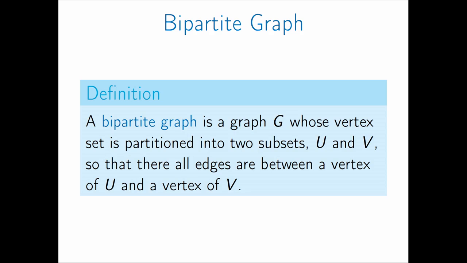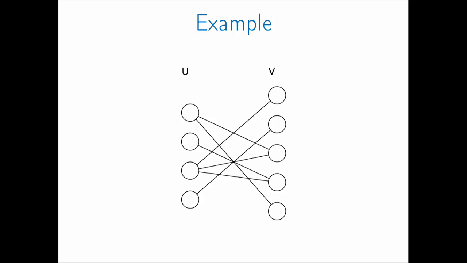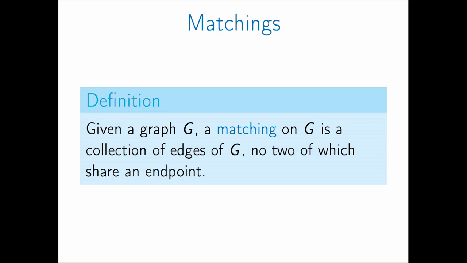There's two types of vertices, such that all edges in the graph are between a vertex of U and a vertex of V. So all the edges connect a student to a room, not a student to a student or a room to a room. If we just redraw that graph and call the two sides U and V instead of students and rooms, it's exactly a bipartite graph.